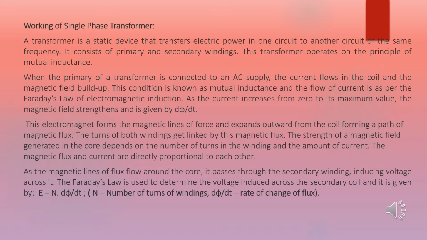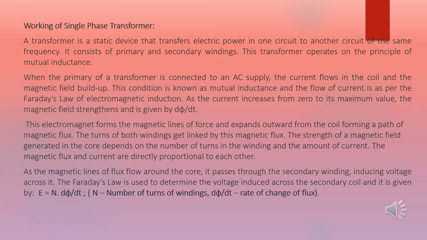So this magnetic flux, which is built up in the core from the primary winding, will pass through the core towards the secondary winding, and the magnetic flux will be responsible for generating a voltage on the secondary side.